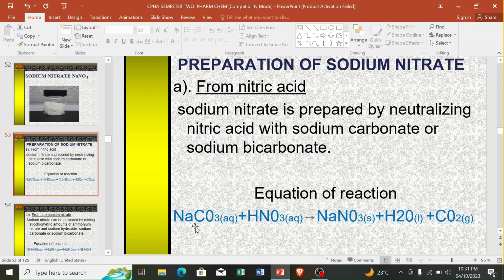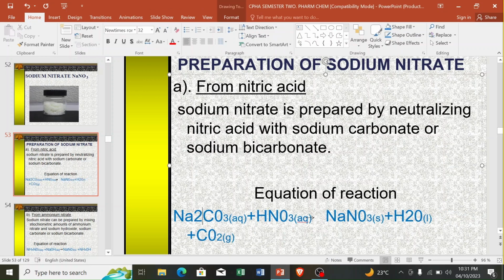You see that this carbonate has a valency of 2, and then sodium has a valency of 1. So we expect to have a 2 down there. Sorry about that, but that 2 should be a small 2.